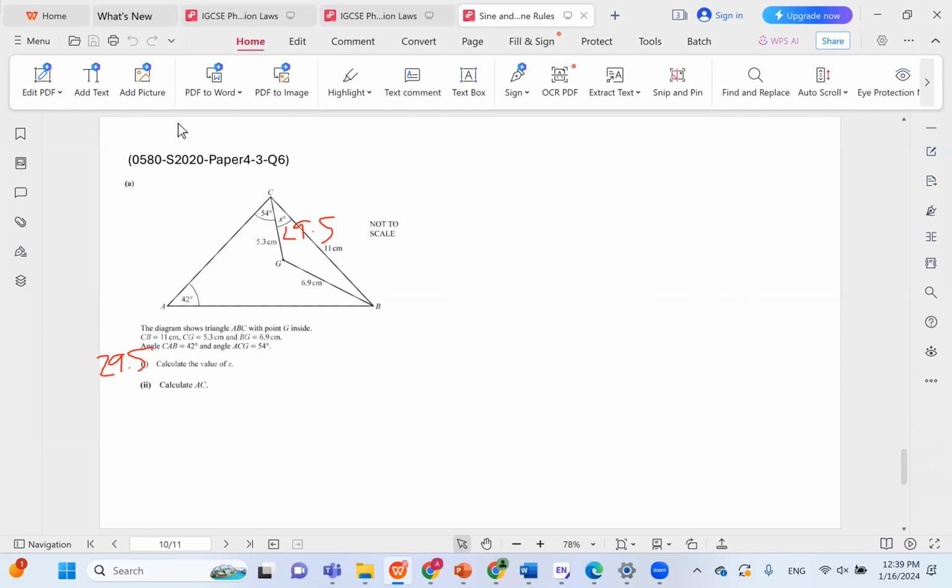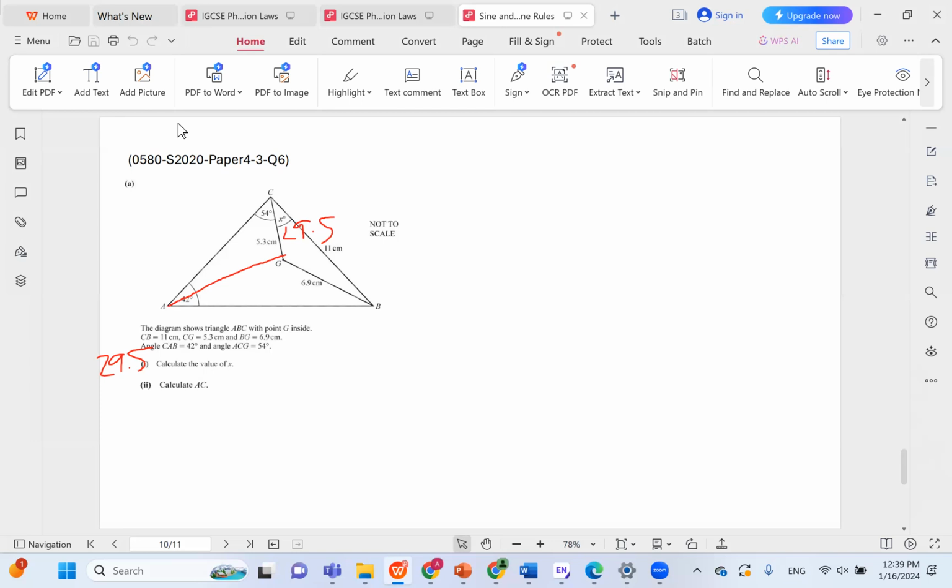So what do we have here? We have angle A is 42, and we have angle C is 54. One of the approaches could be, I'm just thinking with you, I don't know the answer yet by the way, to draw this side here, just to figure out what AG is. This could be a possibility.